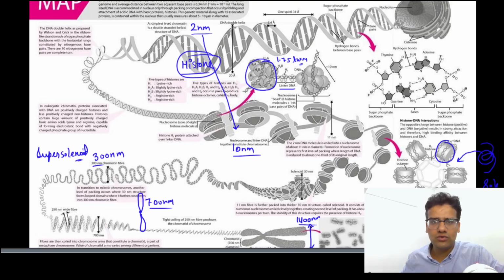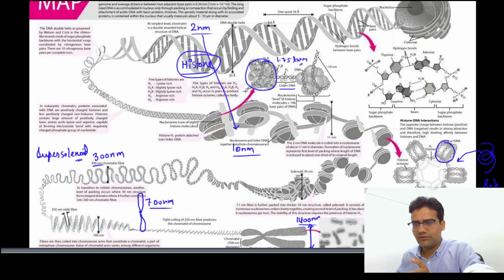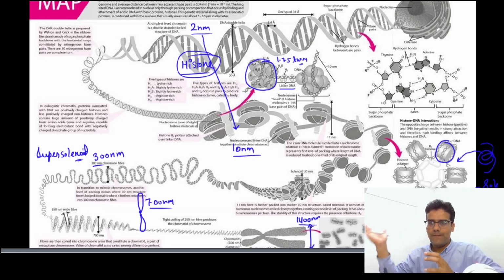So this is histone assisted binding. This is then converted into the solenoid structure. Solenoid is a 30 nanometer structure, and this is due to the bends caused by the binding of histone protein.